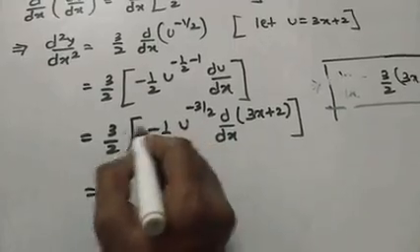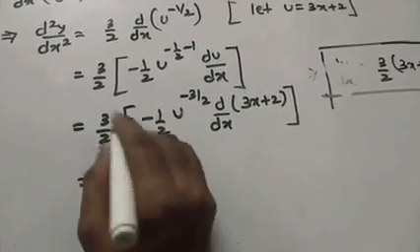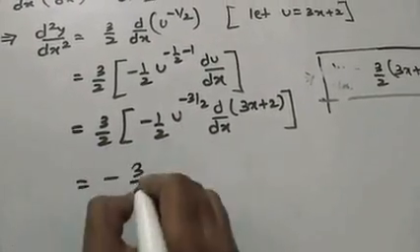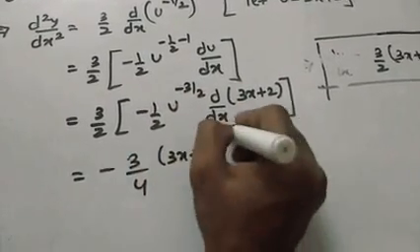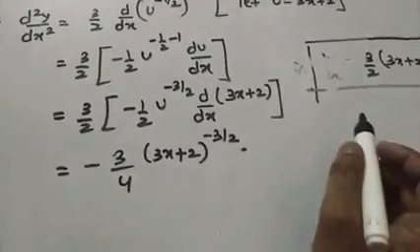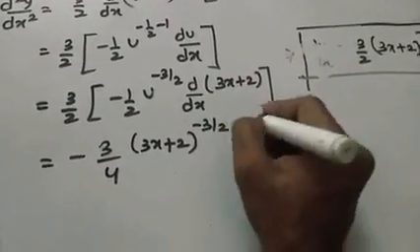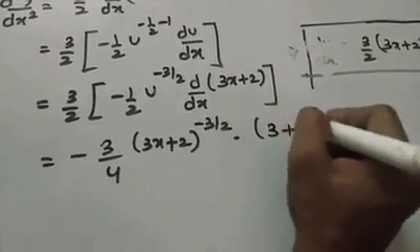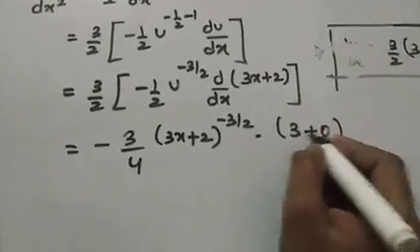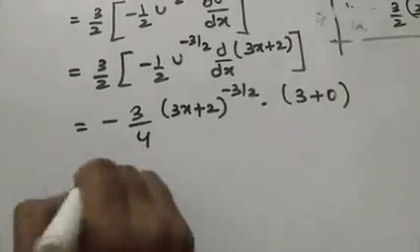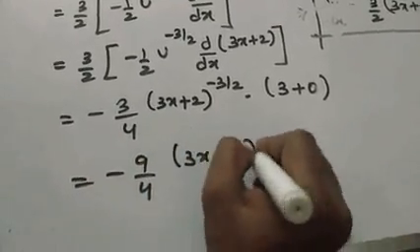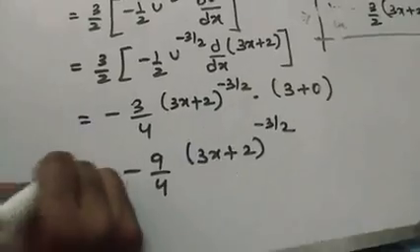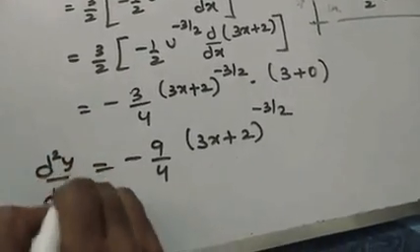Now multiplying, minus 3 into 1 is 3, 2 into 2 is 4, u is (3x plus 2) to the power minus 3 by 2. Now d dx of 3x plus 2 we have done earlier, so that is 3 plus 0. So finally 3 into 3 is 9, so minus 9 by 4, (3x plus 2) to the power minus 3 by 2. This is our d2y by dx2.